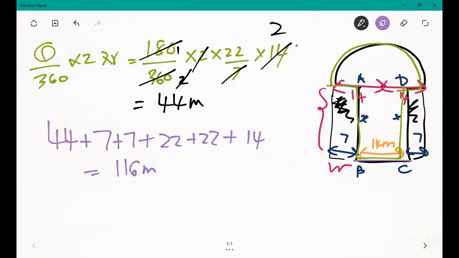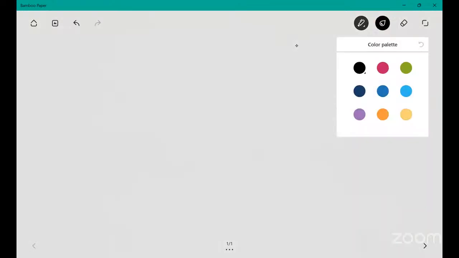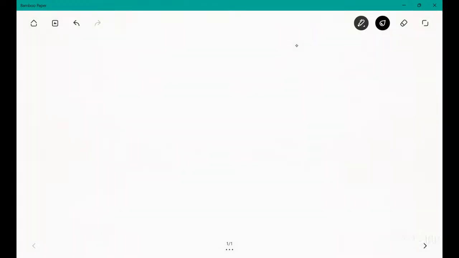So the perimeter here that we found is 116. So they're asking us to find the length of a rectangle when you have the breadth the same as the diameter of the semicircle.